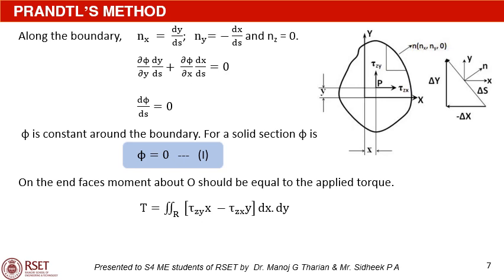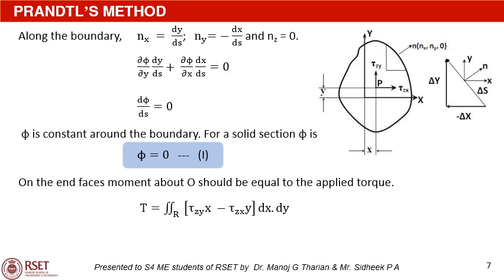Now, we will see the moment due to the shear stresses at point P. It is given by tau zy into x minus tau zx into y, as can be seen from the figure. The net moment due to the internal stresses is given by double integral over the region R of tau zy into x minus tau zx into y, into dx into dy.